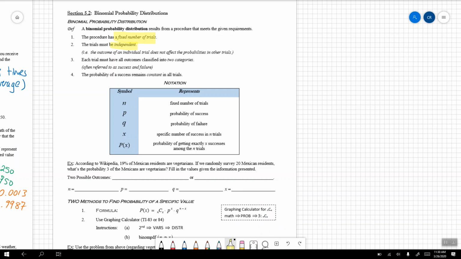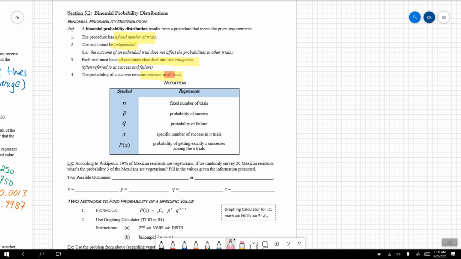Third, can we classify all of the outcomes into two categories? And finally, does the probability of success remain constant in all of these trials? That's important, it must remain constant in all of those trials.